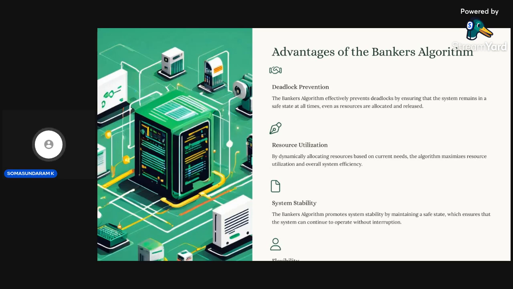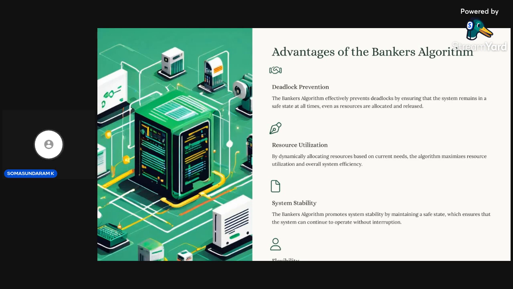Advantages of Banker's algorithm. Deadlock prevention. The Banker's algorithm effectively prevents deadlocks by ensuring that the system remains in a safe state at all times, even as resources are allocated and released. Resource utilization. By dynamically allocating resources based on current needs, the algorithm maximizes resource utilization and overall system efficiency.